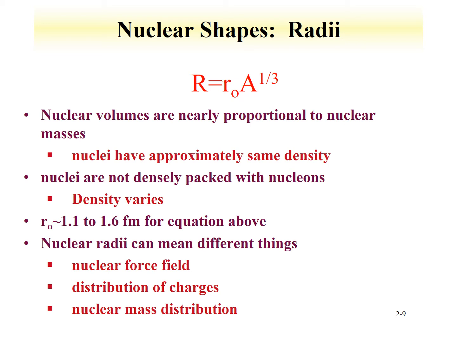So in other words, we're trying to get some of the information that we've talked about in terms of density, in terms of masses, and use that to get an idea of the shape of the nucleus. So right now we're just looking at something very simple, the radii, and we see that there's variations. We know that it will increase the more nucleons that are added, but how it increases varies somewhat.